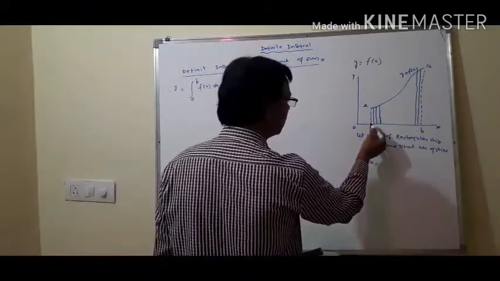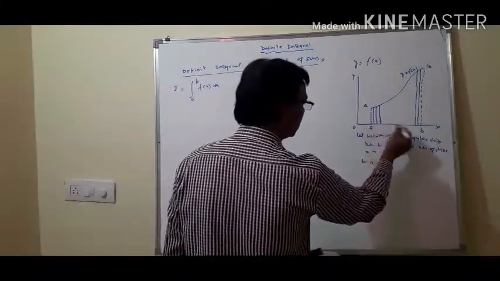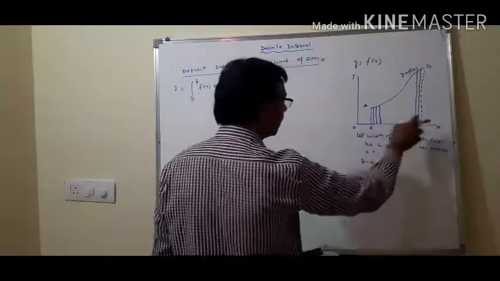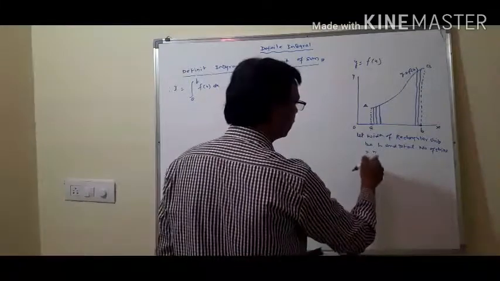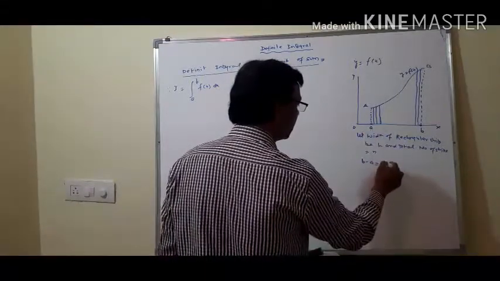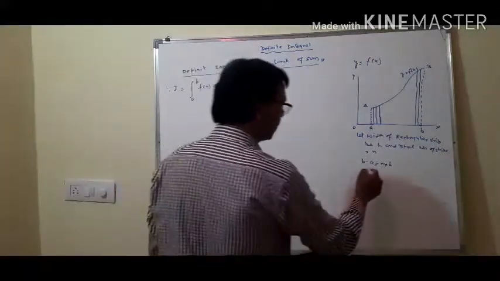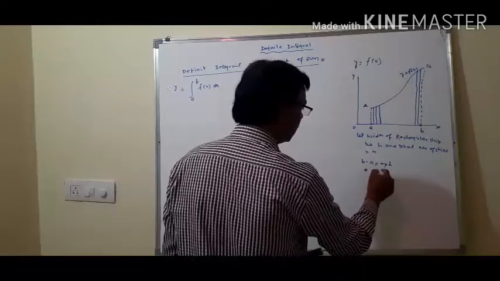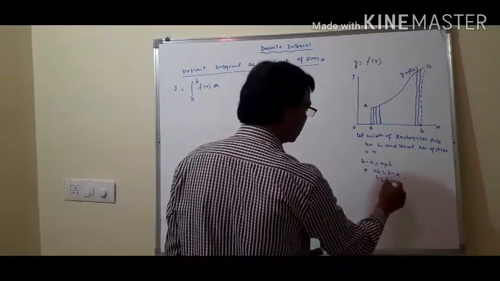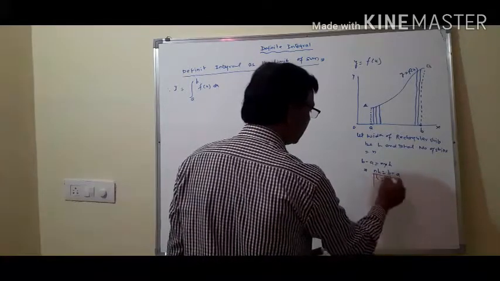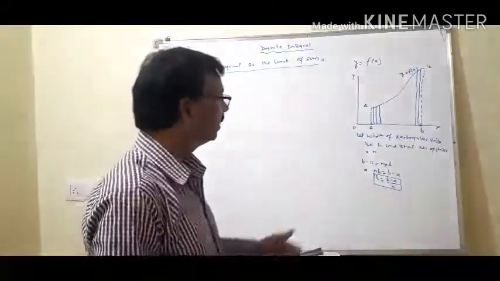From O to a is a, and from O to b is b. So from this point to this point, the length b minus a is equal to the number of strips into the width of one strip. Therefore nh equal to b minus a, or h equal to b minus a upon n. This is a relation that we use in numerical problems.